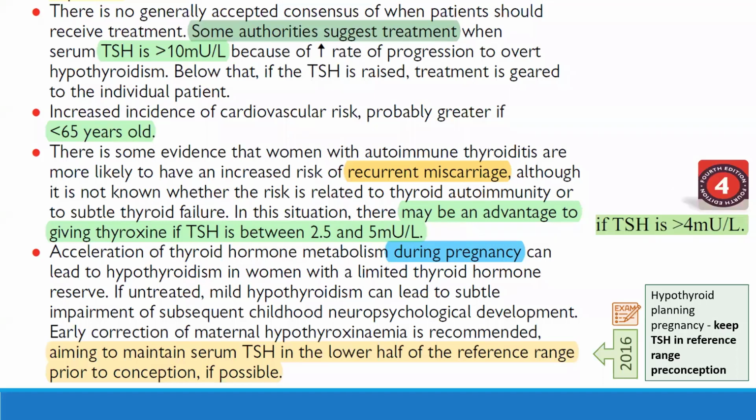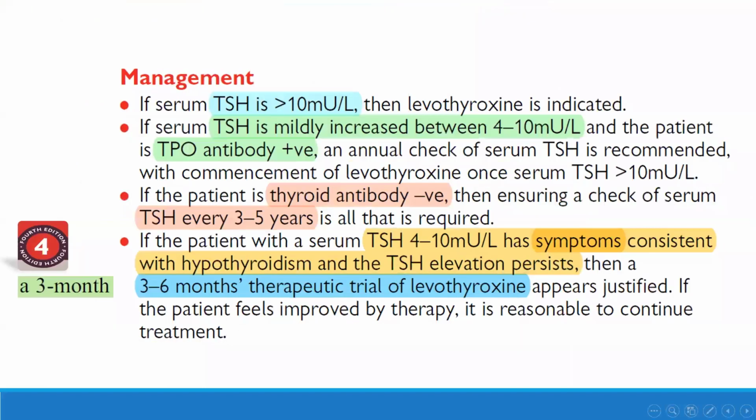I will cover subclinical hypothyroidism during pregnancy after a few slides actually, because it is very important. So subclinical hypothyroidism, when to treat, this is for exam and for clinical practice.